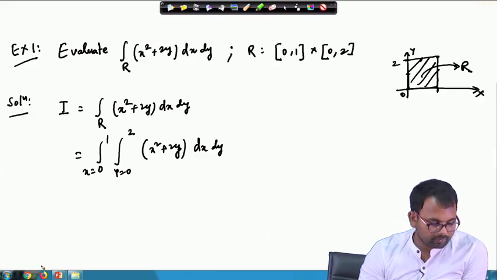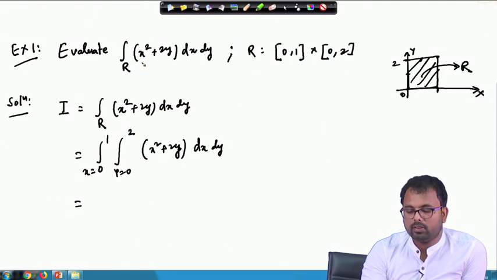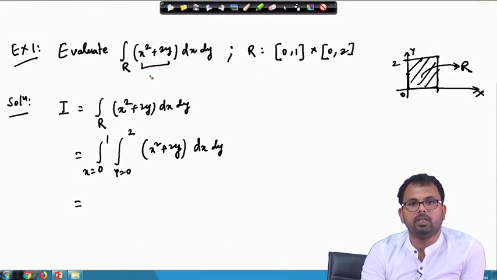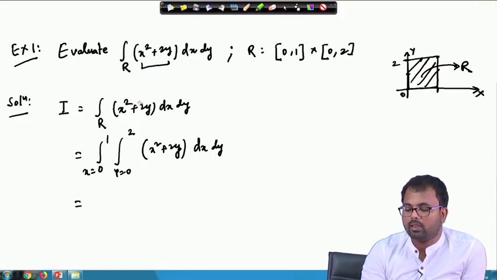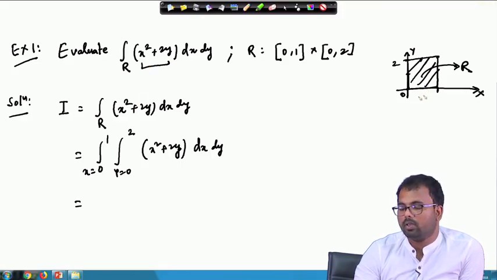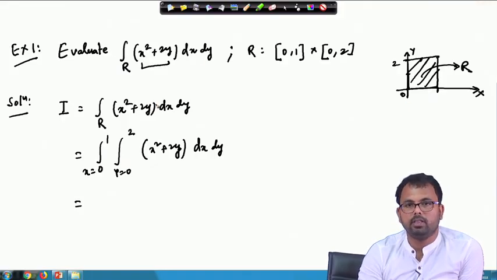We would integrate with respect to y first, because this is obviously a very nicely behaving function. It is a polynomial function, and it is definitely defined and bounded on this rectangle R. So, this double integral will exist.